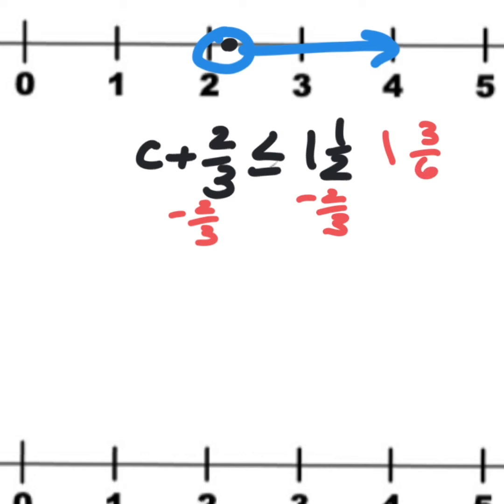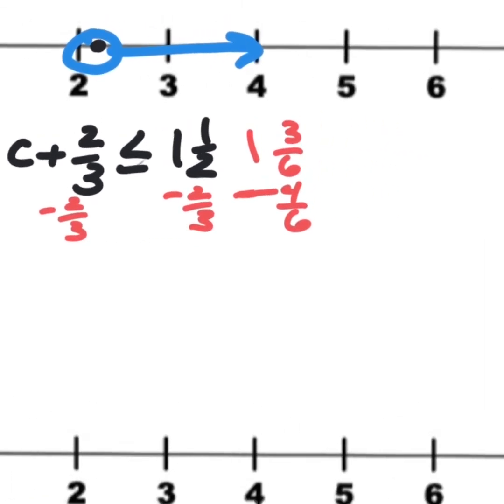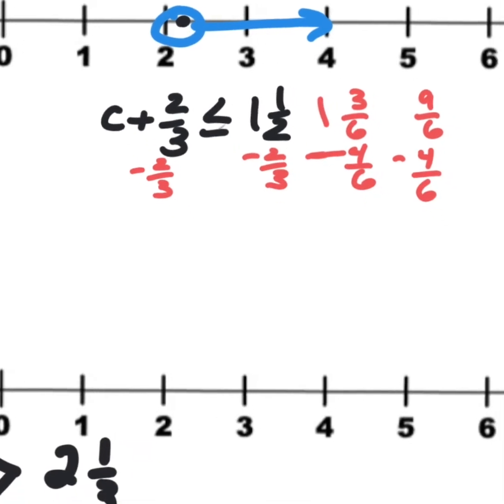Then I'm going to subtract 4/6 from this. Not going to work very well, so it's kind of annoying. So I'm going to switch this one into 9/6 minus 4/6. Because I borrowed from the 1, not a big deal, and then I get 5/6.